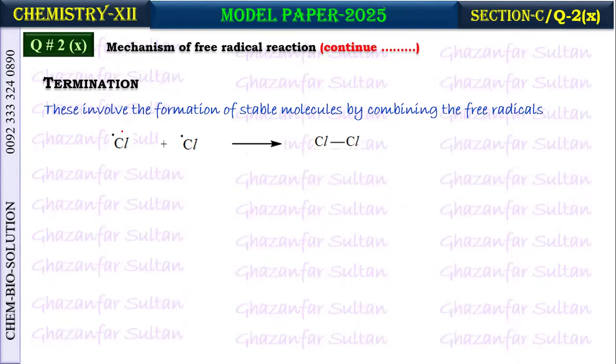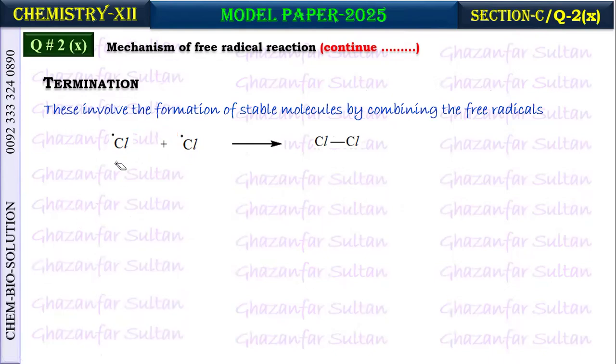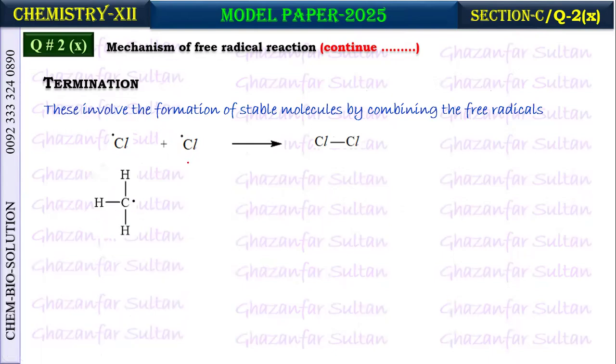You can show the attack from either side, whether this chlorine attacks this one or this chlorine attacks that one, because both are free radicals. So either can attack the other. But remember that drawing the arrow is not necessary. It is not required at any stage, so you can ignore this.